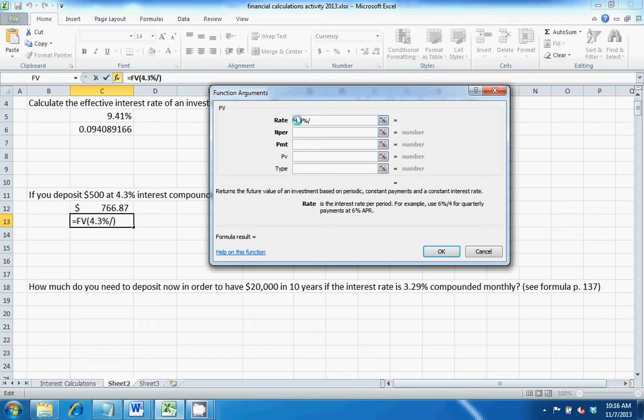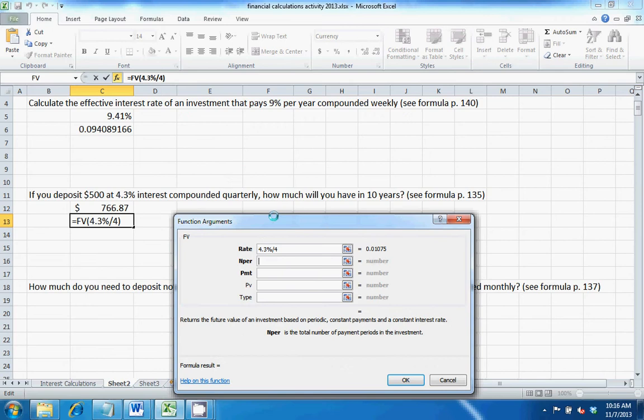For example, use 6% divided by 4 for quarterly payments at 6% APR. The number of periods we have is 4 per year times 10 years, so that's 40. We're going to leave payment blank because that's for a different kind of formula. But our present value is the amount that we deposit, and that's 500.